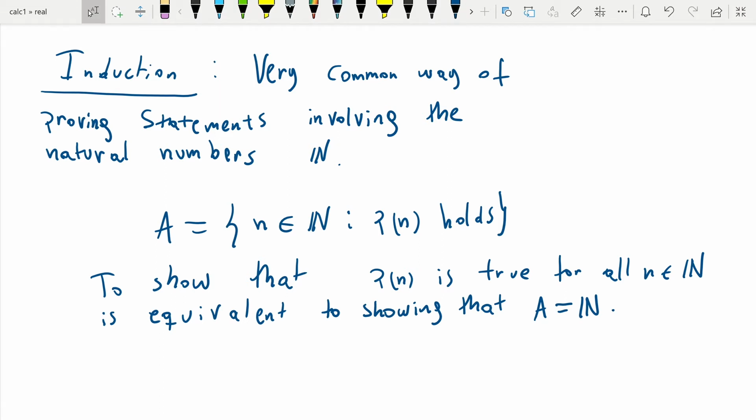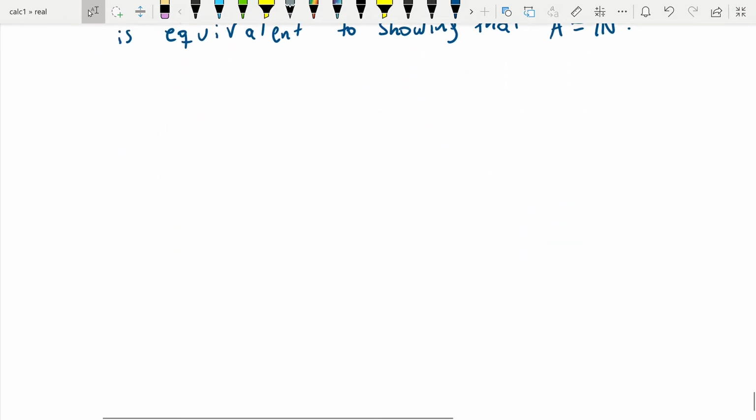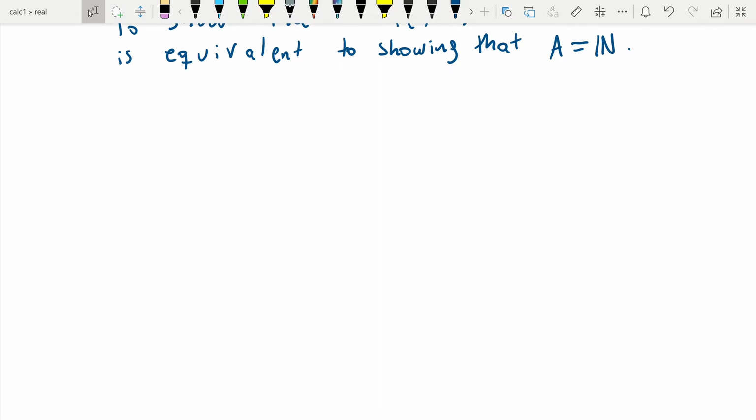Because that would mean that this proposition P of n is true for all the values of n. And so the induction argument follows a scheme that can be adapted. What we're going to present here is the most basic way of going about it, but in general you just need an algorithm that allows you to generate all the natural numbers starting from a base case, and a certain rule that allows you to include more and more numbers until you cover all the natural numbers.